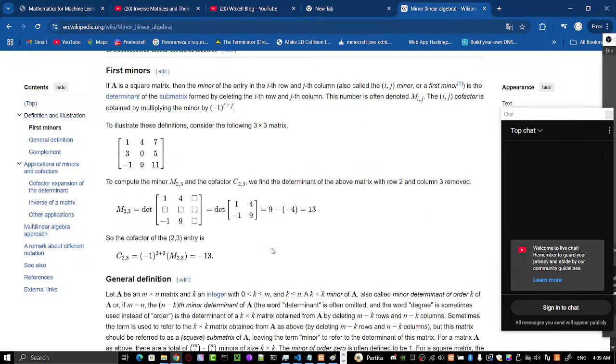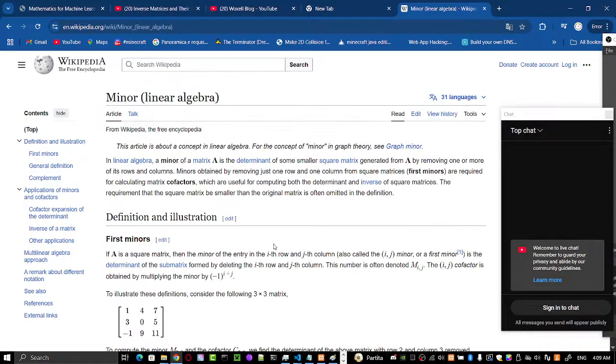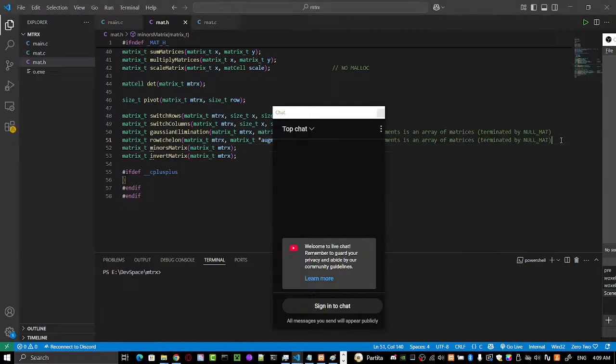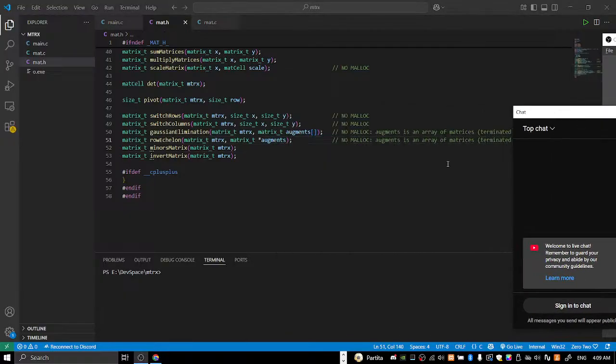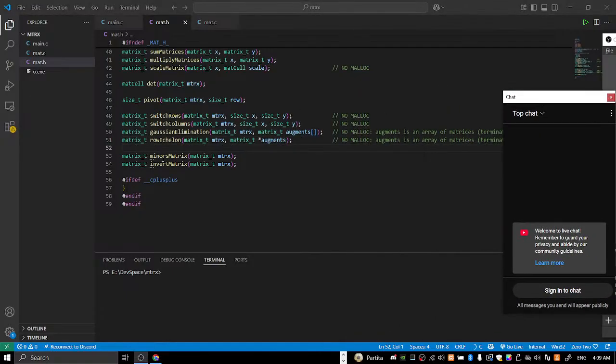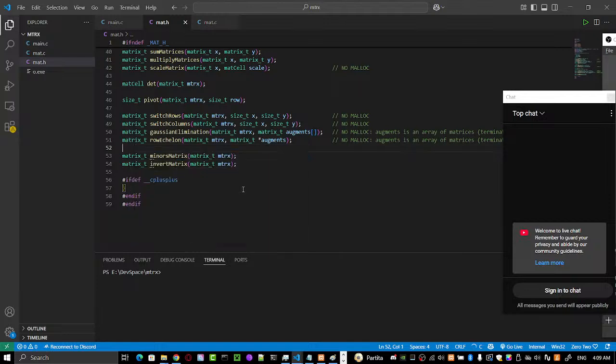So yeah, we should do that, right? So let's, I will create another function that does this. I call it minor.